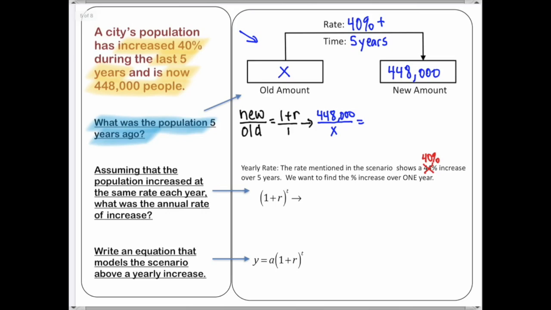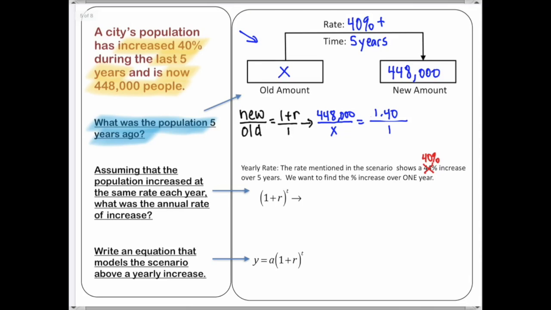We had a 40% increase, so that's 1 plus 0.40, and it's always over 1. I'm going to clean up that top real quick. So 1 plus 0.4 is just going to give us 1.4. Okay.